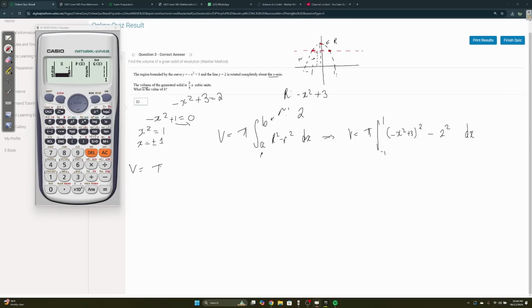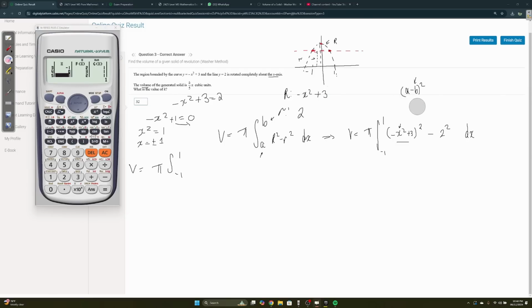V is equal to pi, integral from minus 1 to 1. A squared, okay. Listen, for this one, minus x squared plus 3, you're going to use the rule a minus b squared. Even though people will be like, no, Walid, it's minus a plus b. Why are you using this? Okay. If you have a negative at the start, it's the same as saying 3 minus x squared.